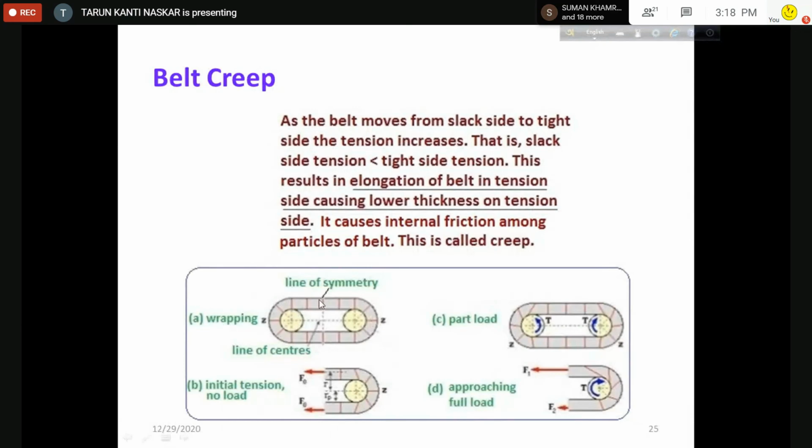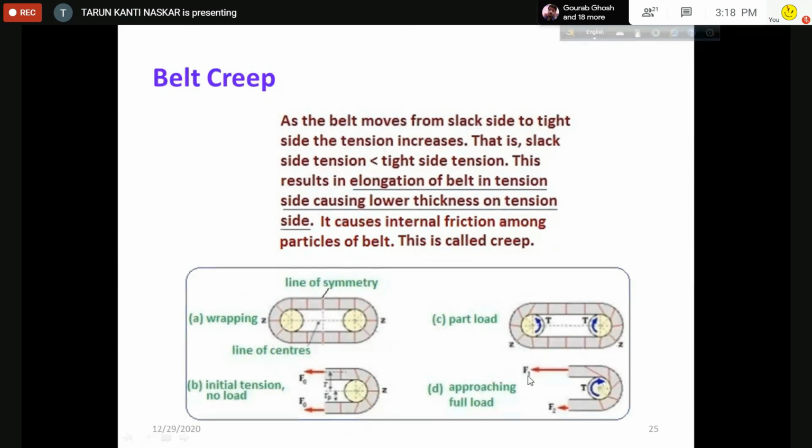So while it is wrapped over this figure A, there is no problem. You see the section. There is no problem. It is just wrapped. Then you give some initial tension. When you give some initial tension, this force and this force are the same. There is no problem. Now you give some part load. When you give some part load, the tension side will be stressed like this, and the compression side will be like this.